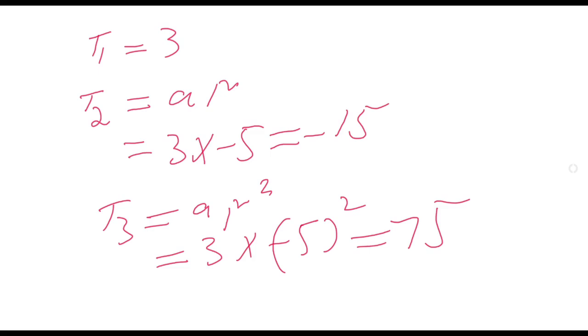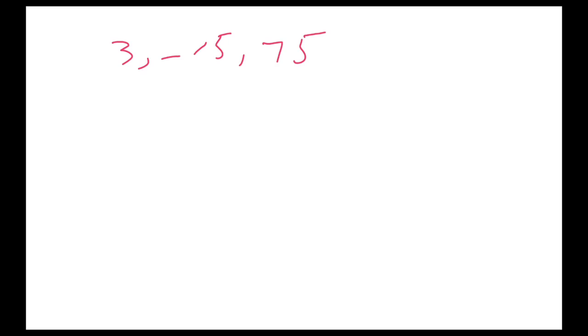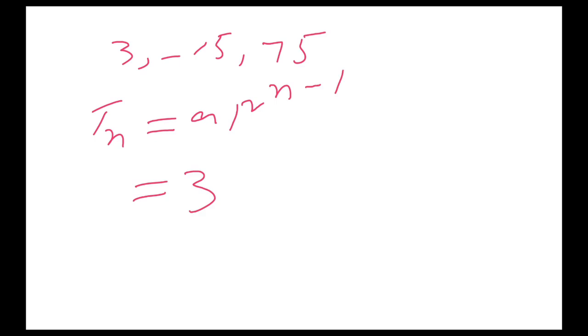Now we've got all three terms here. So the general term I can find here. The formula is Tn is equal to a r^(n minus 1). The first term in this case is 3, and the ratio r is equal to the second term divided by the first term.